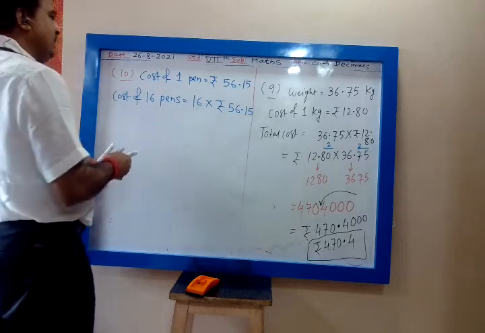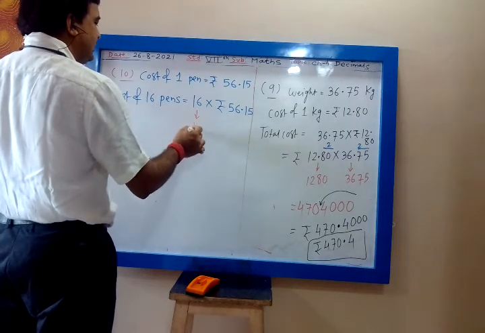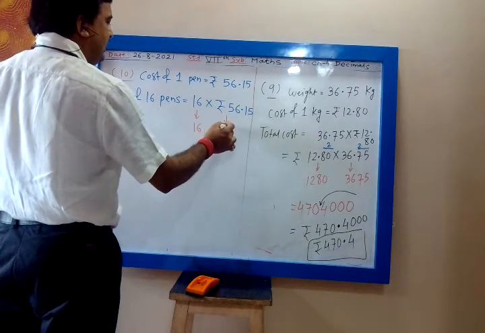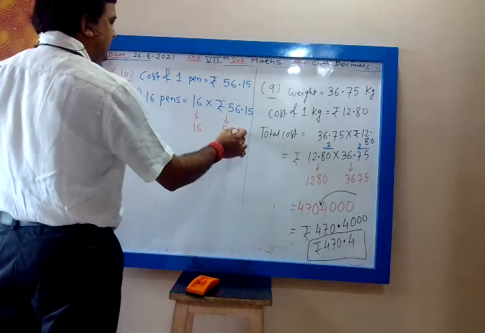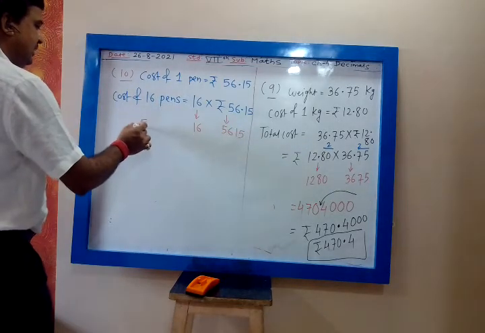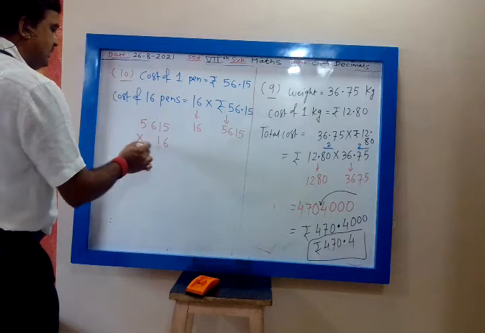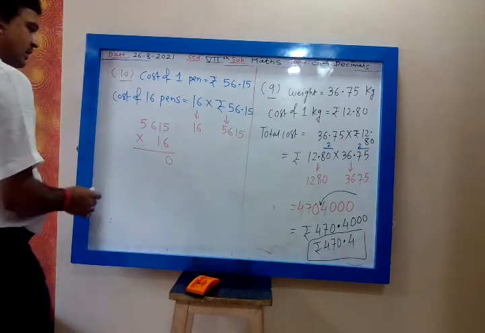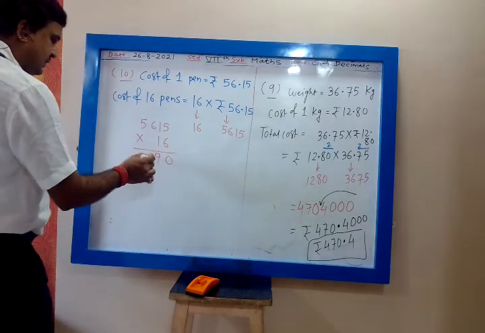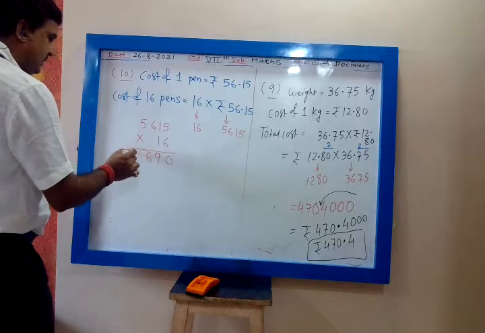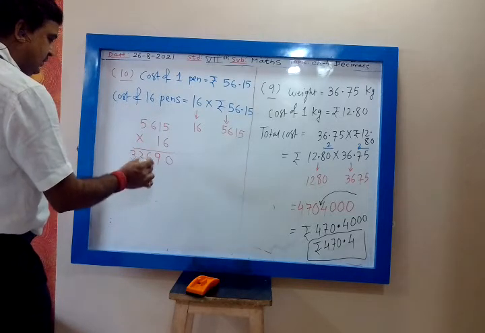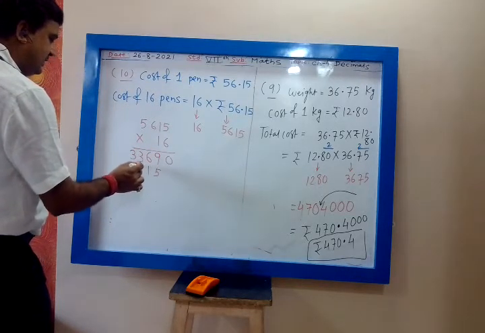Okay, so now remove the decimal. So 16 will remain 16, then this will become 5615. Now 5615 you multiply with 16. 6 5s are 30, 6 1s are 6 plus 3, 9, 6 6s are 36, 6 5s are 30 plus 6... 1 5s are 5, 1 1s are 1, 1 6s are 6, 1 5s are 5.